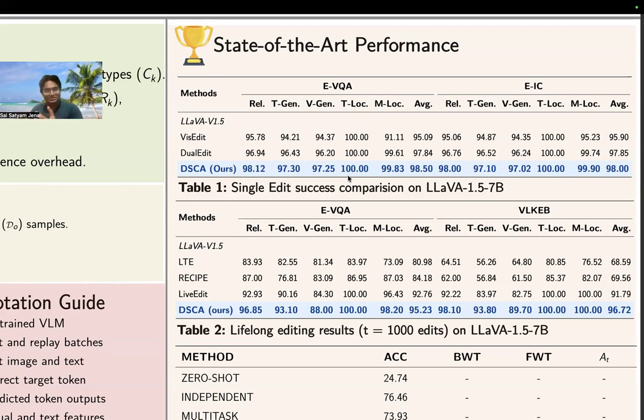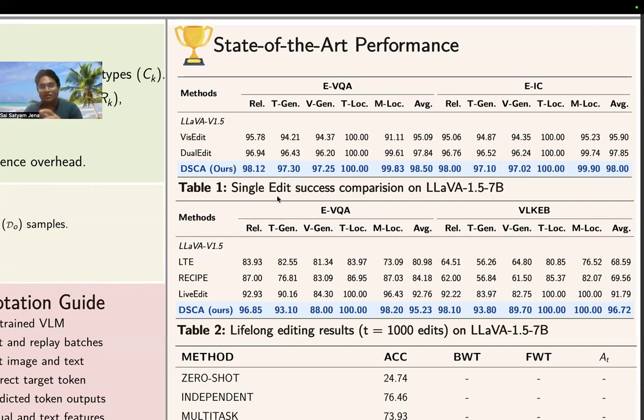TLOC means text localization, where we ask random other text-based questions, and MLOC is multimodal localization, where we show the model other images. Let's say we fine-tuned on a car, and we show it satellite images and ask whether the knowledge it had about satellite images during pre-training is still remembered or not. That refers to MLOC. And average is the averaging of all these numbers.